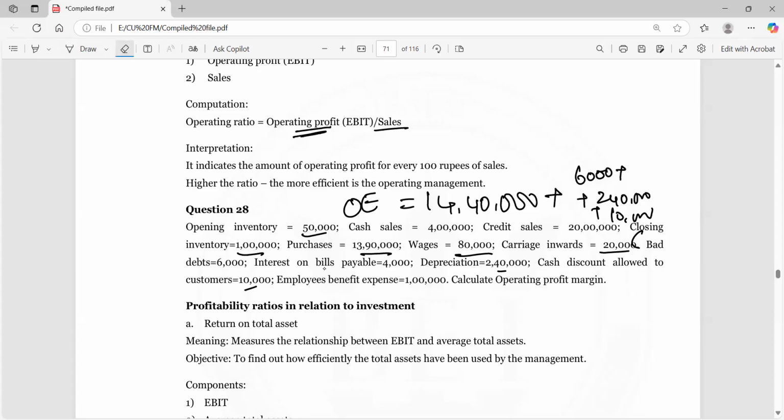So what is the operating expenses now? 14 lakh 40 plus 6,000 plus 240 plus 10,000. Oh, employee benefit expense is also there. Even that is tax allowable only. Even add that 1 lakh also. 17 lakh plus 1 lakh.